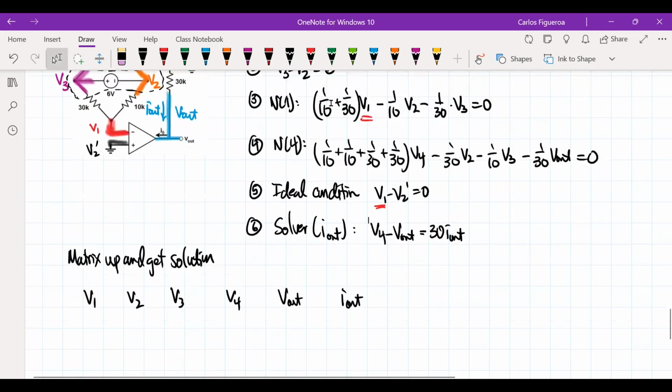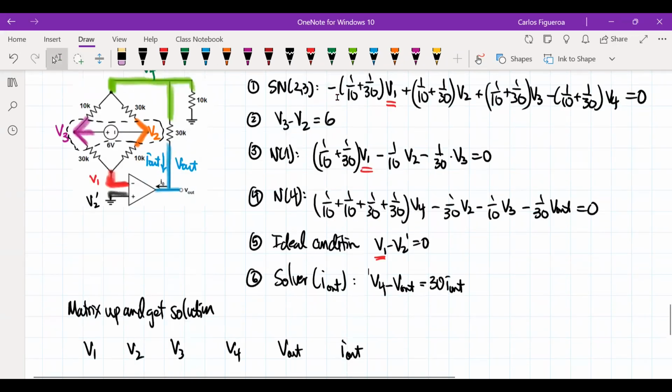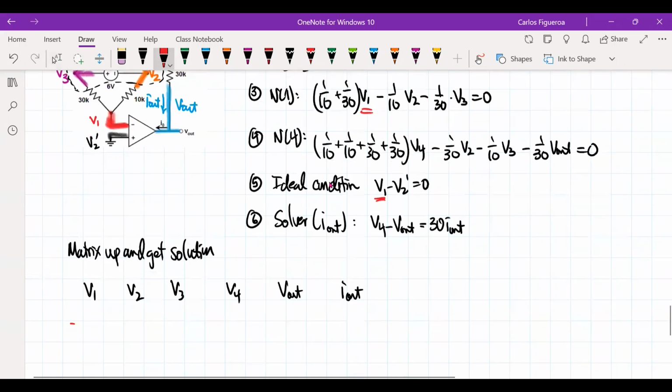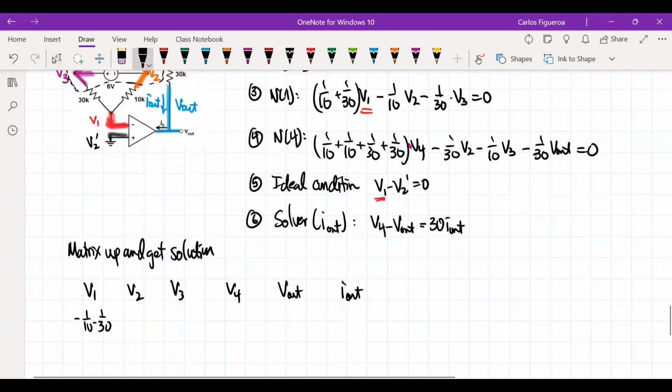So if I do that, I'm then going to write what? In this case, I have to write, man, this is going to get messy. So I got minus 10, minus 30. If I go to V2, I have 0.